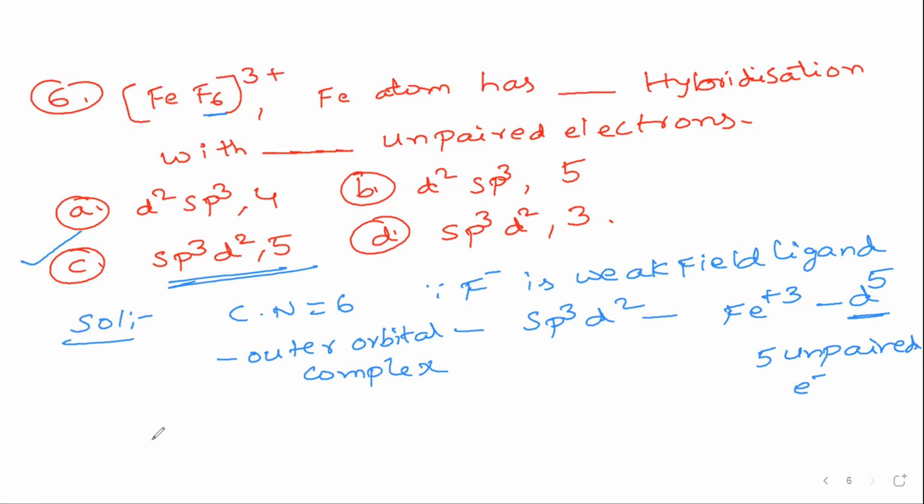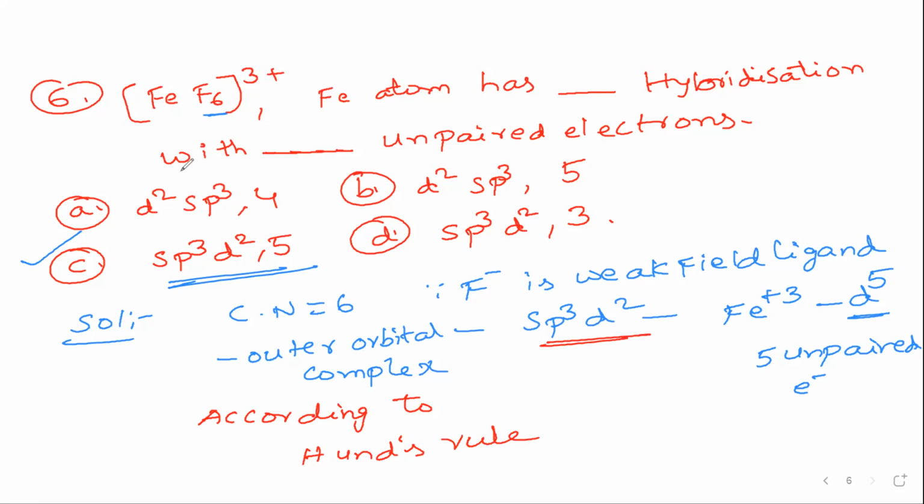So like this, you have to check the answers. You should think of all 4 concepts. Coordination number first. Second, whether it is a strong field ligand or weak field ligand. If it is a weak field ligand, it is an outer orbital complex, and the pairing of electrons takes place according to Hund's rule, so it will undergo sp3d2 hybridization, no overlapping.